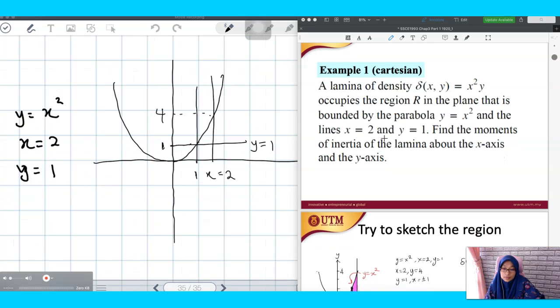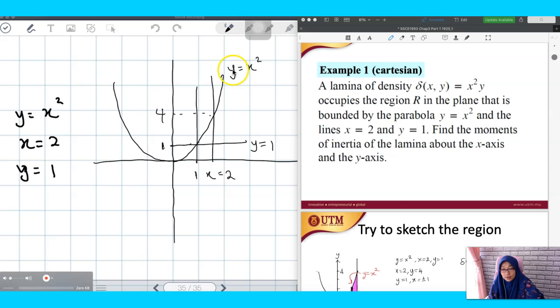Sketch the graph. We have the quadratic y equal to x squared, and also the line x equal to 2. When x is equal to 2, substituting here, y is 4. Then we also have y equal to 1. When y equal to 1, x is equal to 1. How can we get that?